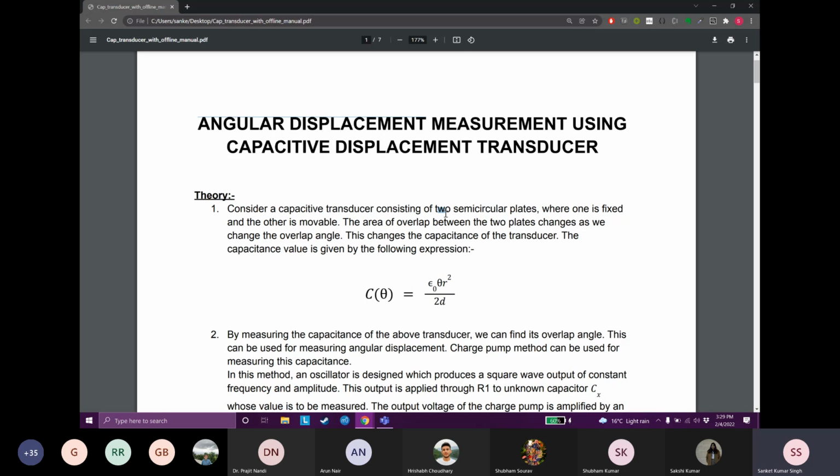When we rotate the top plate, the overlap area also changes with the overlap angle, and as the area changes, the capacitance between the two plates also changes, and it is given by this relation.